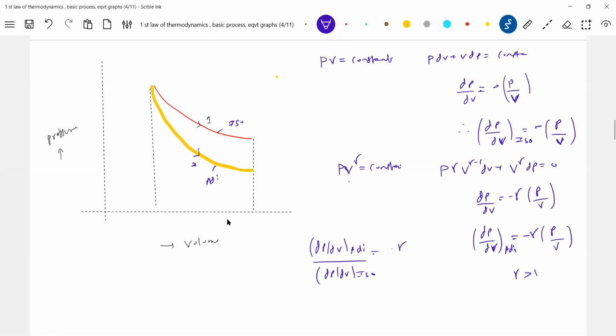So what do we get? I get gamma. So which slope will be more in magnitude? Don't think in terms of mathematics, I'm asking you to compare in terms of the magnitude here. So shall I say that the slope of the adiabatic curve will be more than that of isothermal. So adiabatic curves will be steeper than isothermal curves.